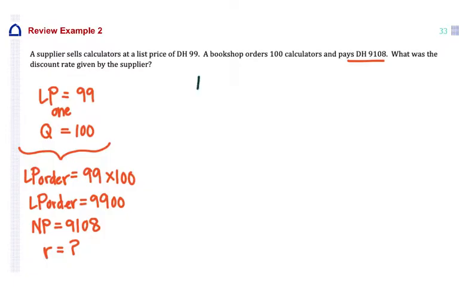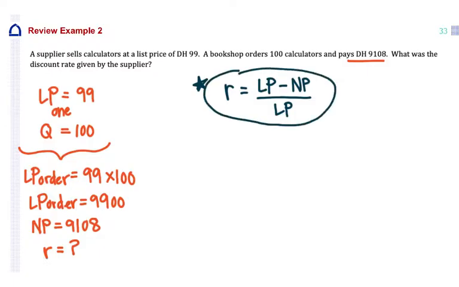So this is one of those formulas I should have memorized: the discount rate in terms of the list price and the net price. It's the list price minus the net price, which by the way is the discount amount, divided by the original list price. So that's the formula. Hopefully you have it memorized. And we will plug in these numbers.